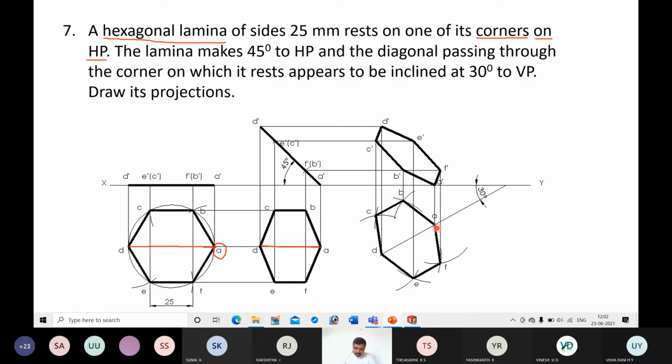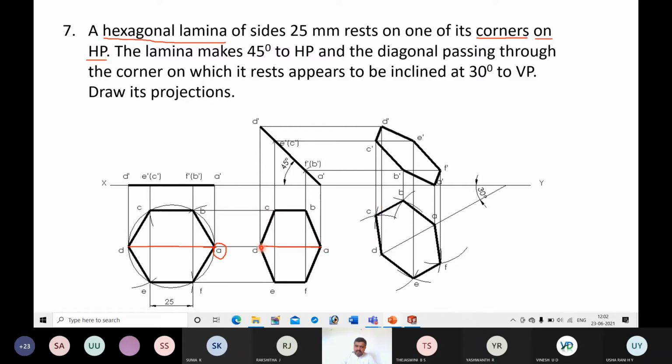Next, first locate A and D on this 30 degree inclined line. You know A and D, so you take the distance from this view. First mark A, then take the distance between AD using a compass and mark point D. After that, to get C, take the radial distance from A to C and cut an arc.